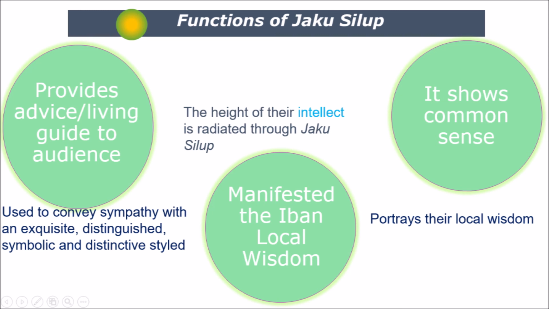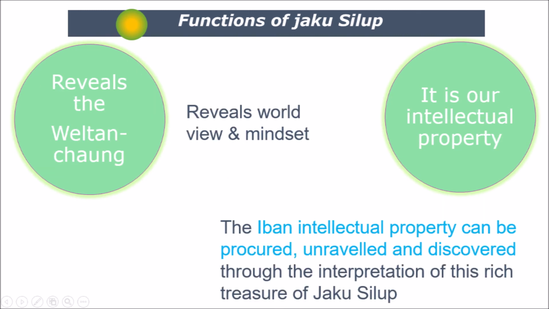These are some of the functions of the Iban Jaku Silup. Looking at the functions, we can say that Jaku Silup is actually revealing the worldview and mindset of the Iban community in Sarawak.